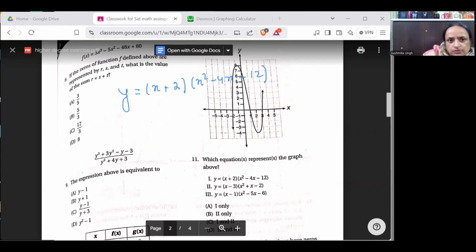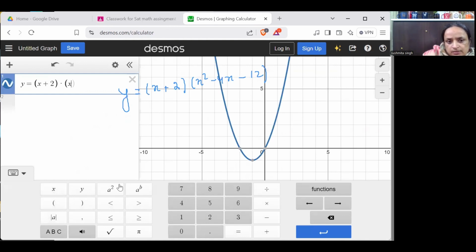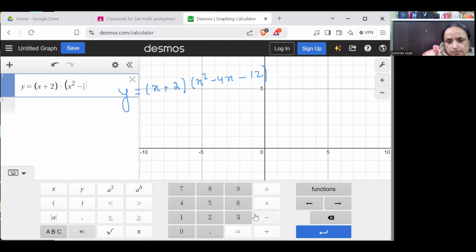Then I go to Desmos. y equals x plus 2 into bracket x squared minus 4x minus 12.